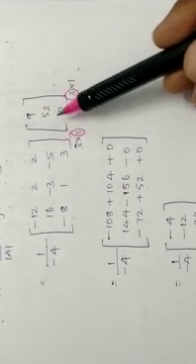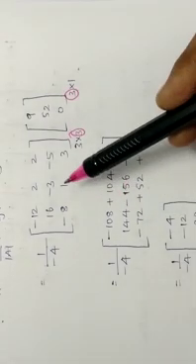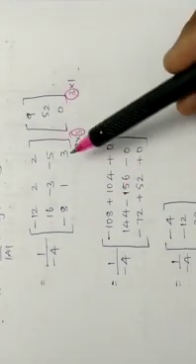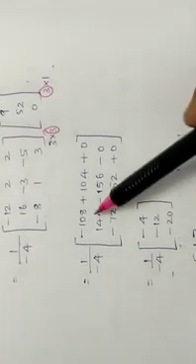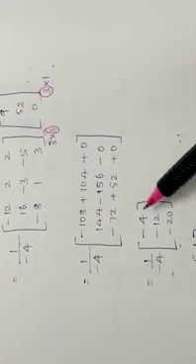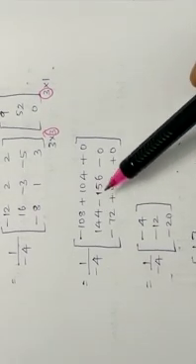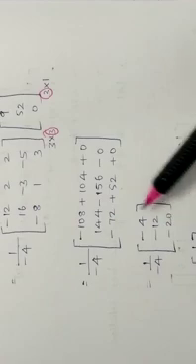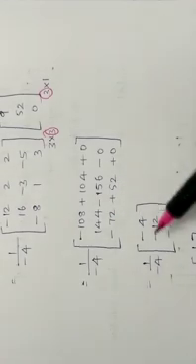Third row, the column. Minus 8 into 9, minus 72, plus 1 into 52, 52, plus 0. Minus 108 plus 104 gives minus 4. 144 minus 156 is minus 12. Minus 72 plus 52 is minus 20.